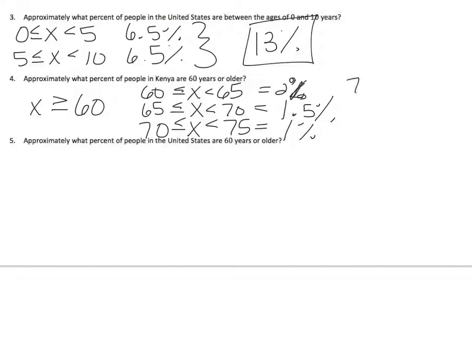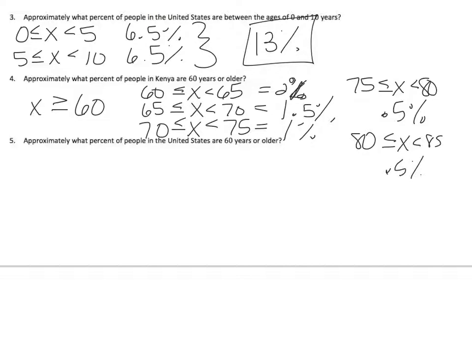Not done yet. 75 to 80, I don't know, 0.5%, and then I've got 80 to 85, which is really the last thing I can even read there. 0.5%. So if I add all those up, 2 plus 1.5 is 3.5, 4.5, 5.5.